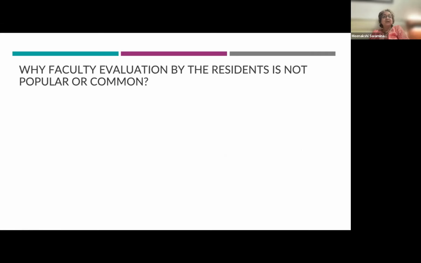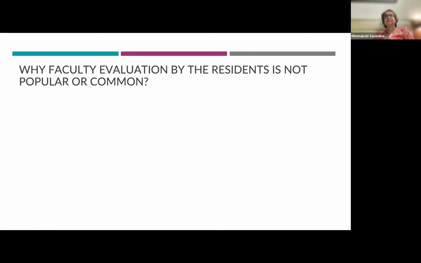And that brings me to my next question. Why do you think faculty evaluation by the resident is not popular or common? And I think you already answered that. The residents are concerned that it will have repercussions because anonymity may not be true anonymity. I agree with that. Any other difficulty the residents have expressed why they are not keen?